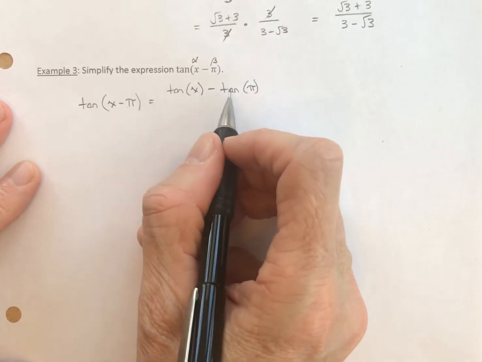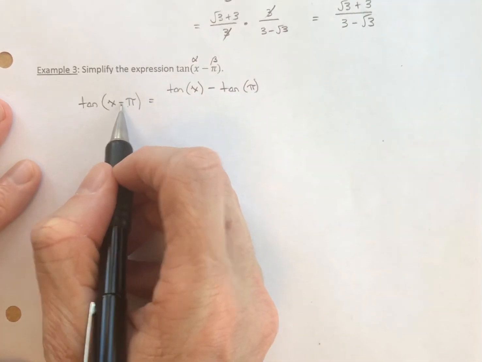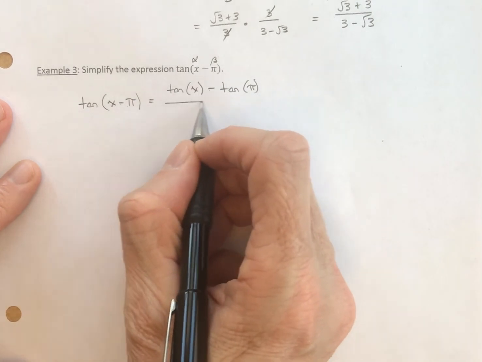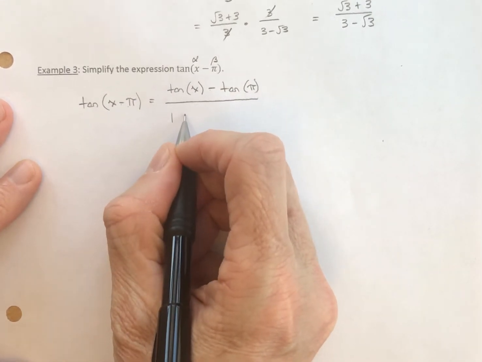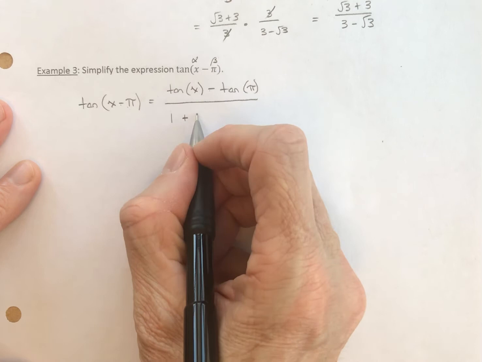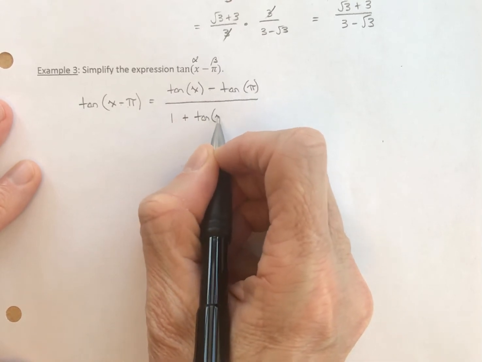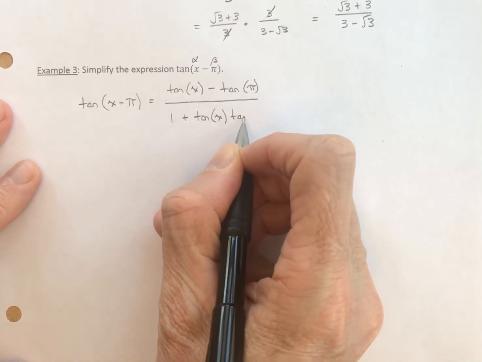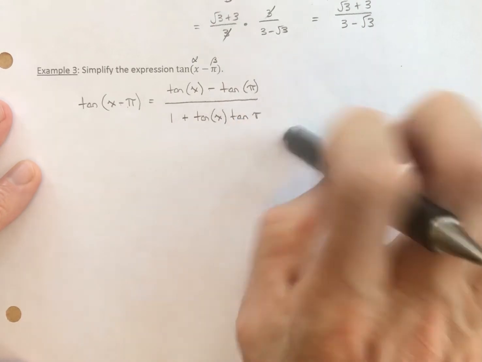Tangent alpha minus tangent beta, we're subtracting, so we subtract in the numerator, divided by 1. We add in the denominator the tangent of x times the tangent of pi.